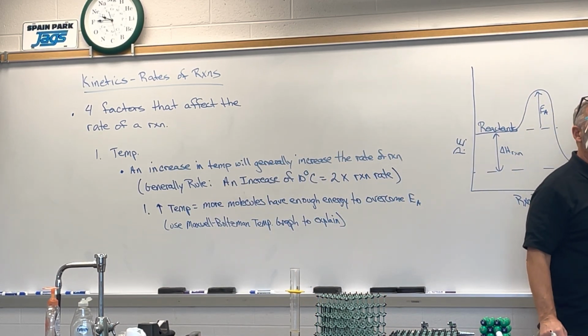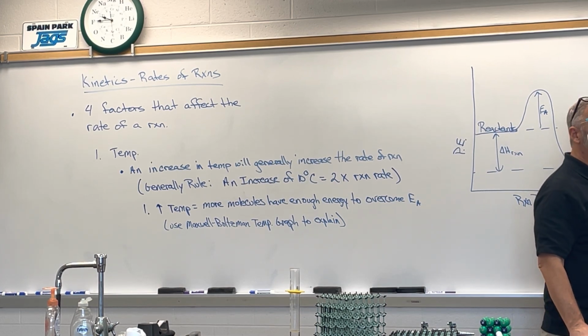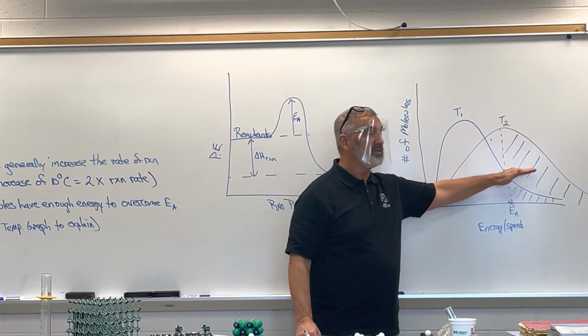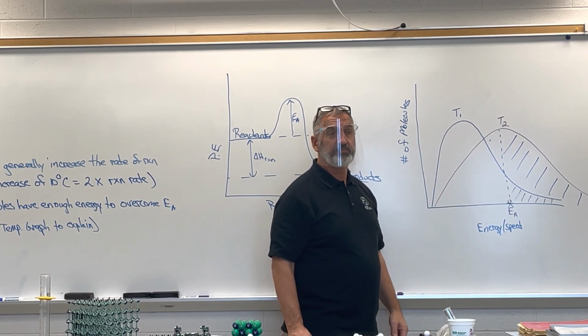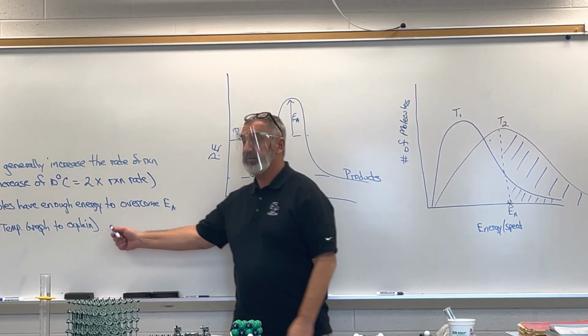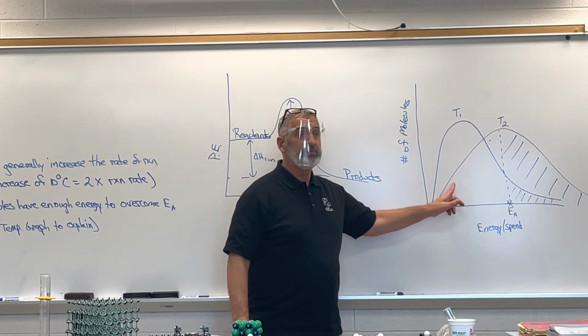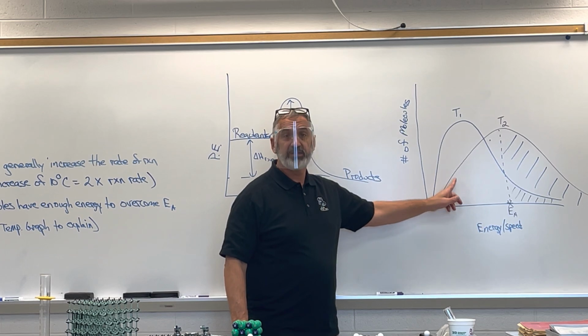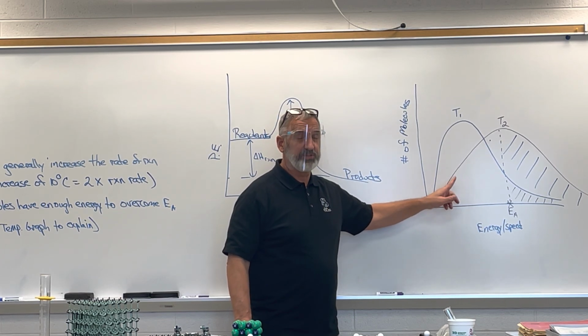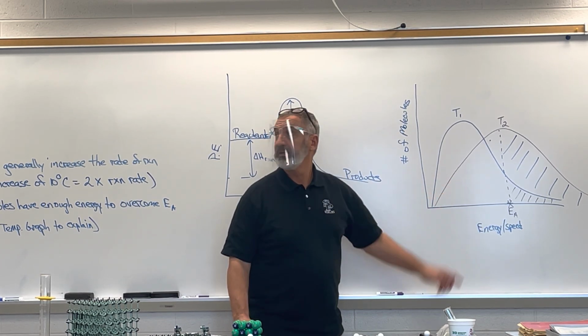EA is going to stay the same. As you increase the temperature, you just have more molecules that can overcome EA. Okay, so you understand what I'm saying here? This is the Maxwell-Boltzmann temperature distribution graph. We've done it a bunch of times already, but this is where it really comes into play.